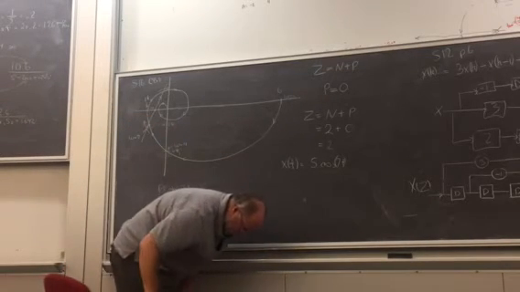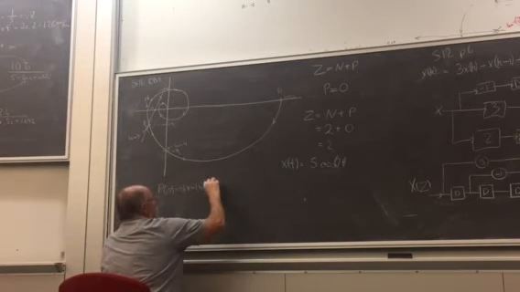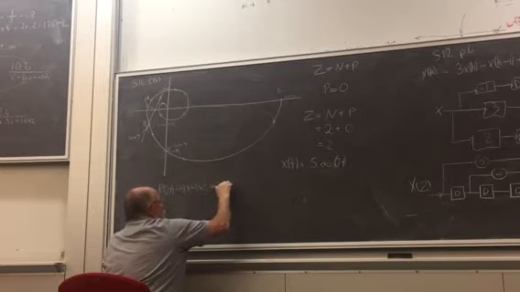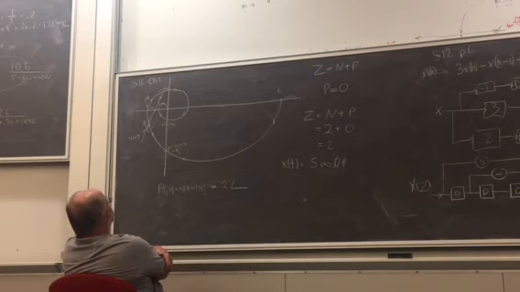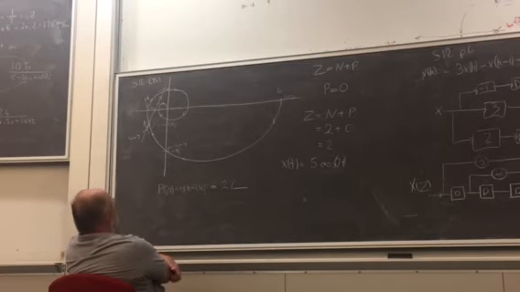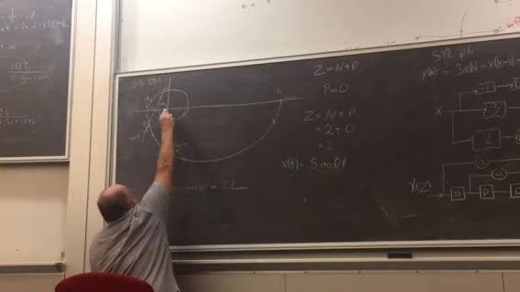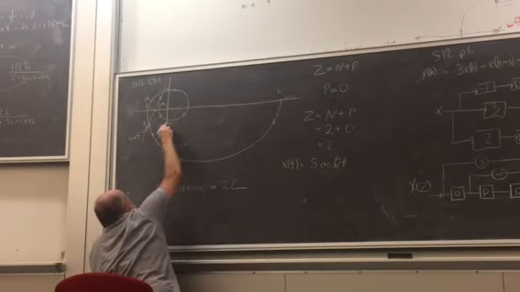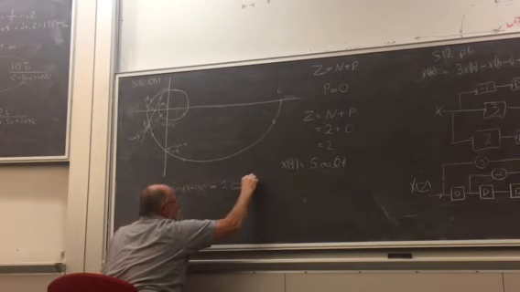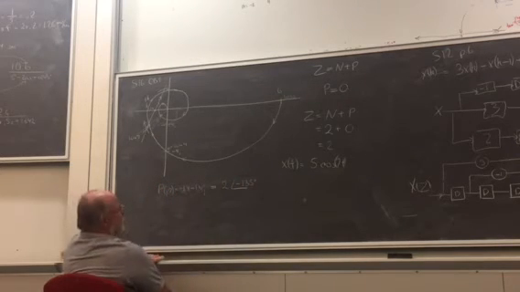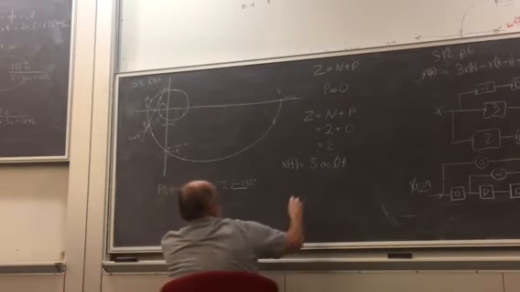What's the square root of 1.4 squared plus 1.4 squared? Roughly 2. 2 at what angle? Negative 135 degrees. You don't have to look at the other angle, you just have to look at this angle right here. So that's our transfer function. We need to change this into a phasor.